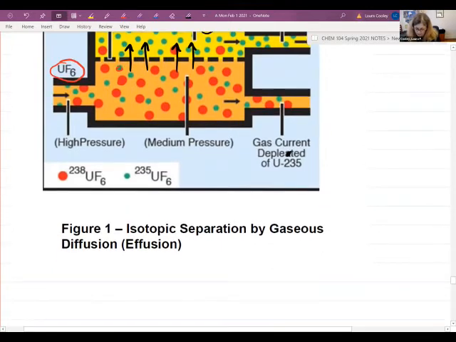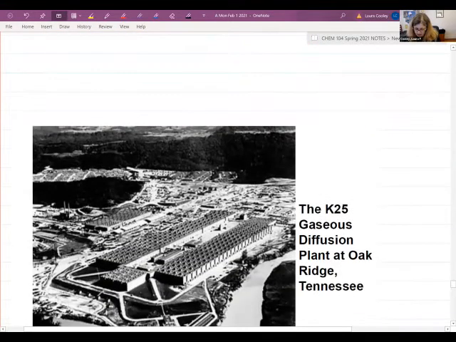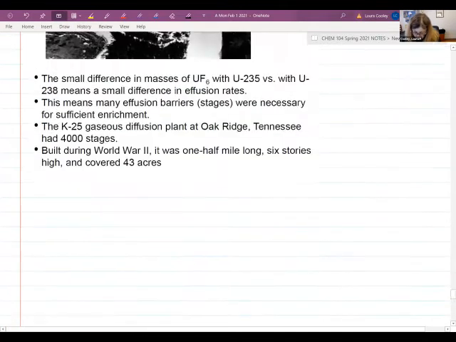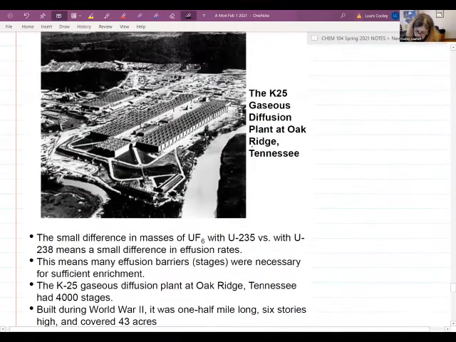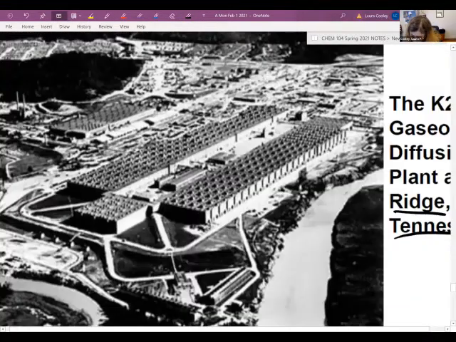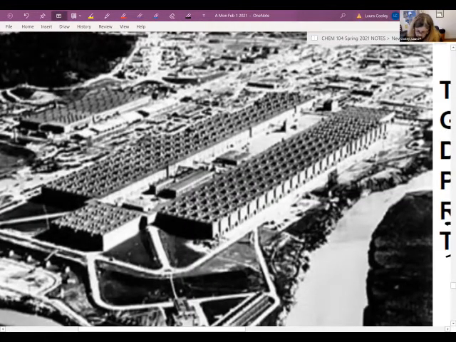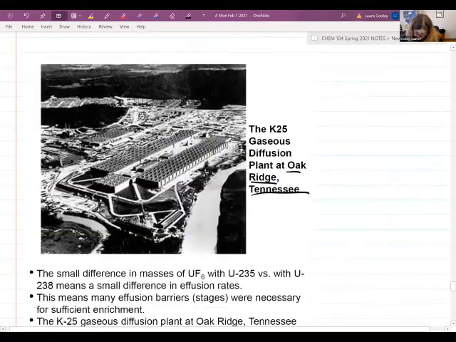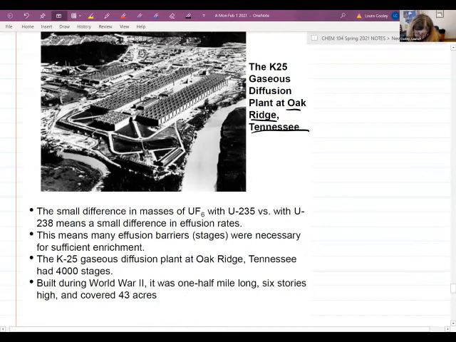And I'm going to show you the picture of where this is done. This was done in Oak Ridge, Tennessee. Look at how many buildings. Look at this building. It covered quite a number of acres. 4,000 stages.